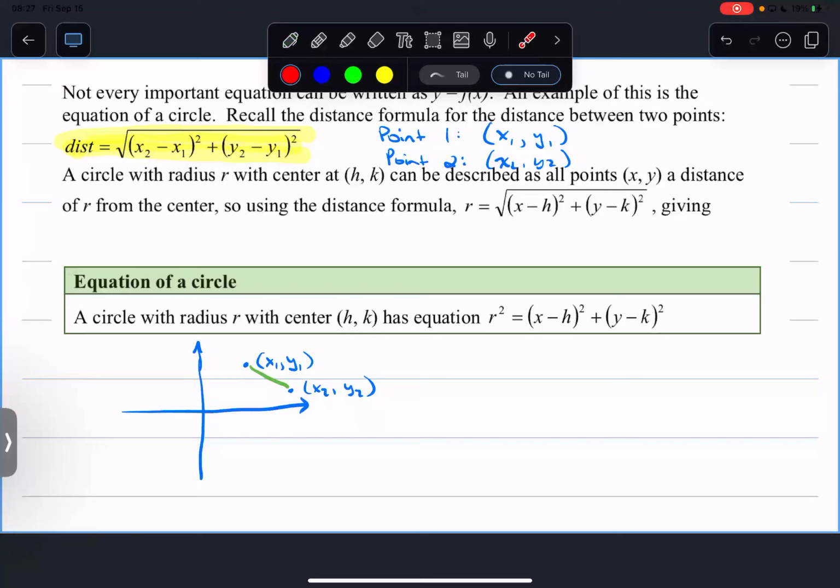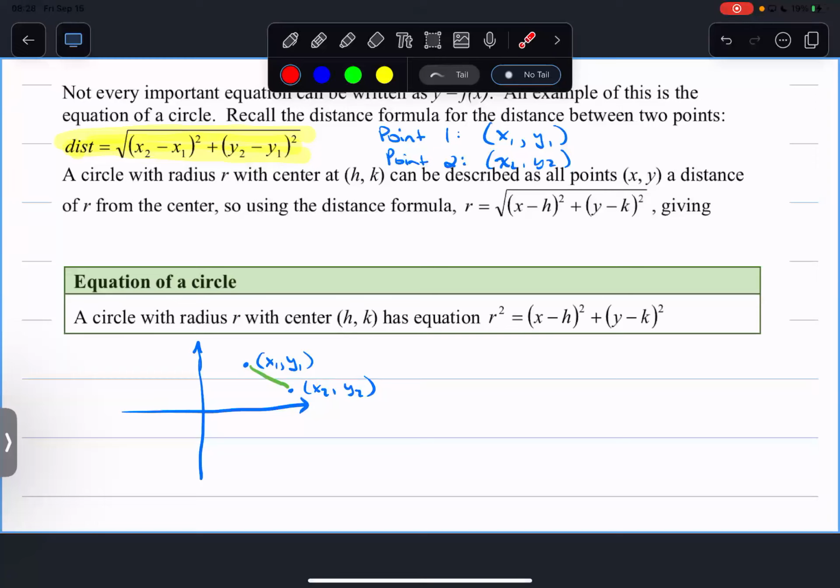Then we use this function. So the distance function takes the second value of x minus the first value of x. What's that finding? It's finding the difference in x's, right? And then we square that.